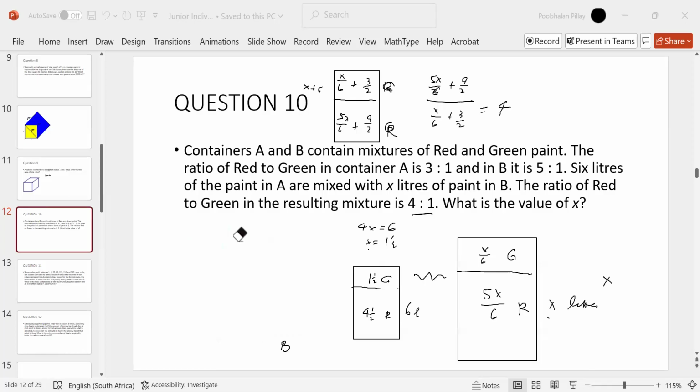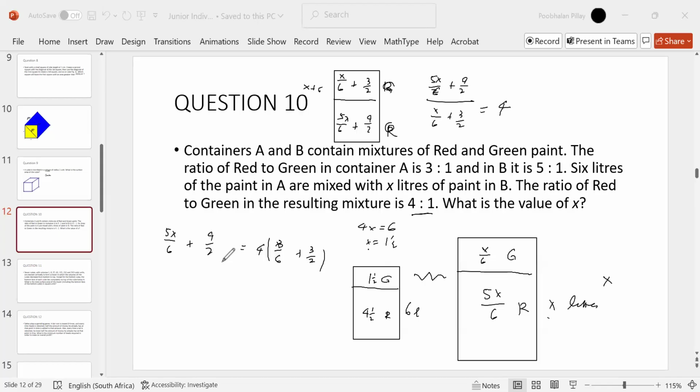Okay, in case some people are still bothered about that, so we don't know how to work with all these fractions. Let me just quickly say, when you cross multiply that, you get 5x over 6 plus 9/2, that's the numerator, equals 4 times x over 6 plus 3/2, right? I don't like to work with fractions.